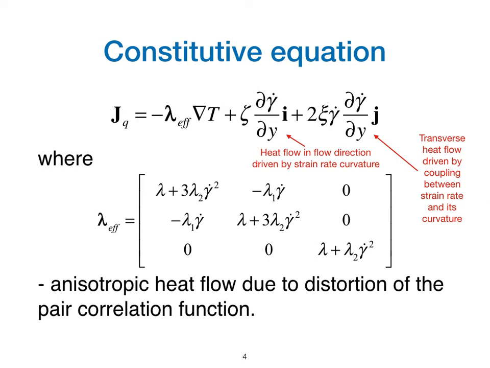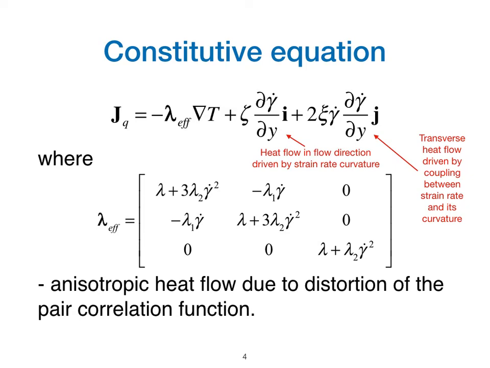So our constitutive equation has, in general, three terms. The effective thermal conductivity tensor has diagonal elements which depend on the square of the strain rate, and off-diagonal elements that go linearly in the strain rate. Because we've got off-diagonal elements, that means that we can get a heat flux component that's not in the direction of the temperature gradient.